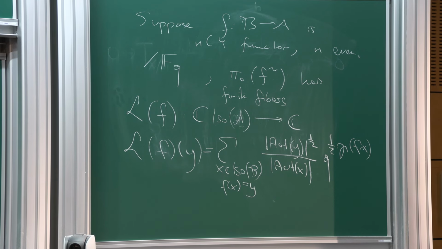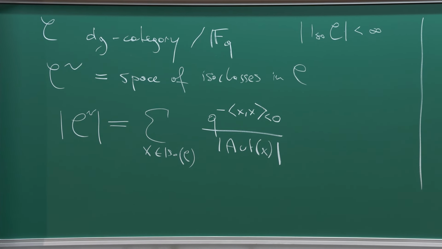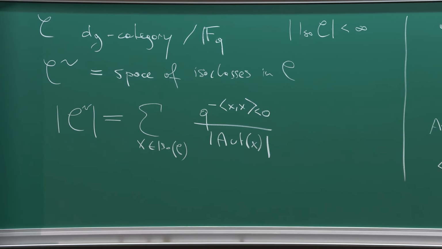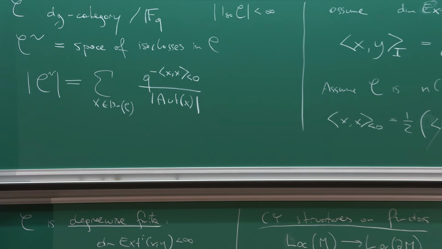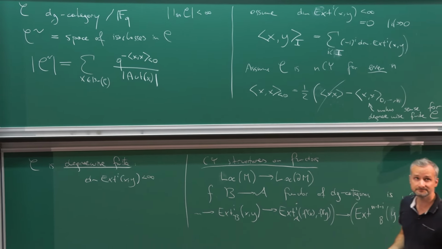And you can rewrite that formula in the correct basis, just like I did in the absolute case. If I just have an even Calabi-Yau category, you can rewrite the terms given Calabi-Yau duality, which makes sense more generally for these degree-wise finite categories.